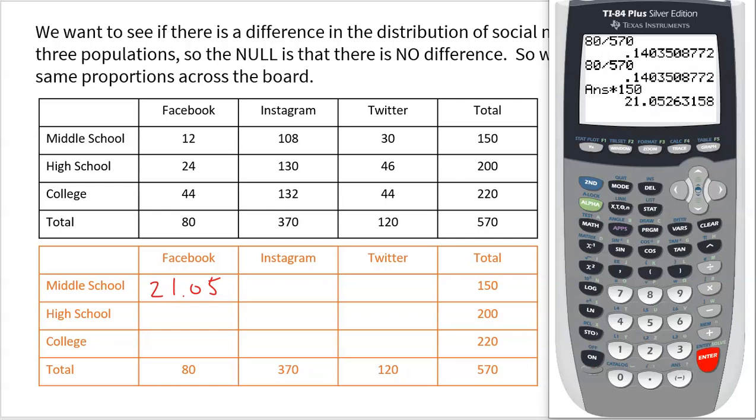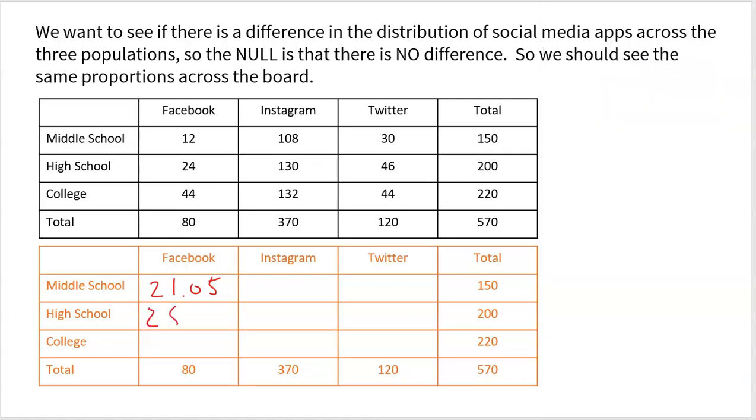So again, I'm going to repeat this for high schoolers, right? So once again, 80 divided by 570, there's that 14%. And I'm going to times that by the 200 high schoolers, and again, that is 28.07. And then I'm going to repeat it for college students.